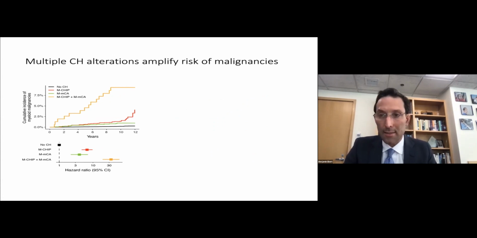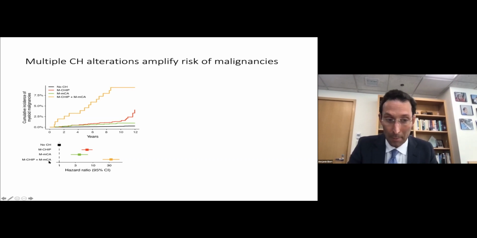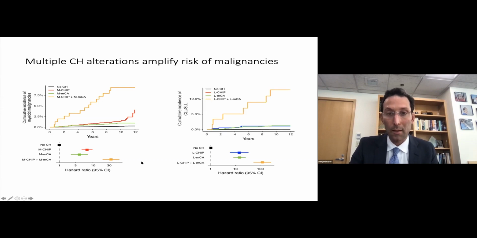In addition, it's consistent with other studies of clonal hematopoiesis and MDS. Having multiple mutations is worse than having single mutations. In particular, having both a myeloid CHIP mutation, a myeloid point mutation, and a myeloid copy number abnormality is associated with a greater increased risk of a myeloid malignancy, about a 30-fold increased risk.